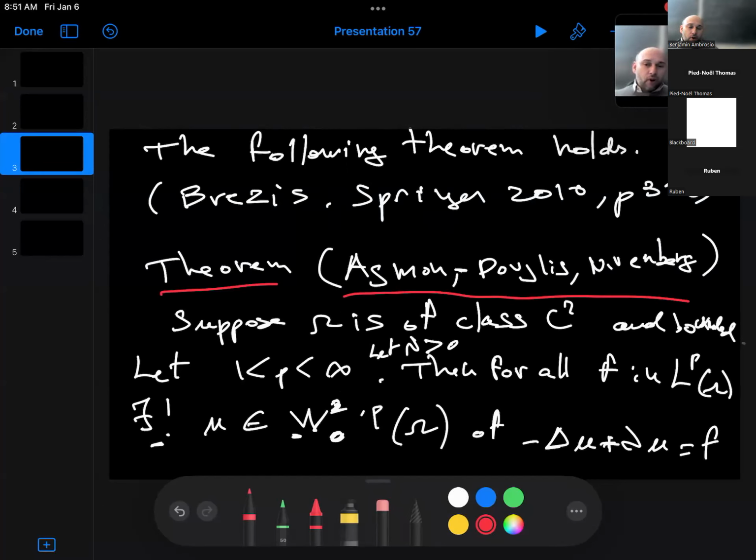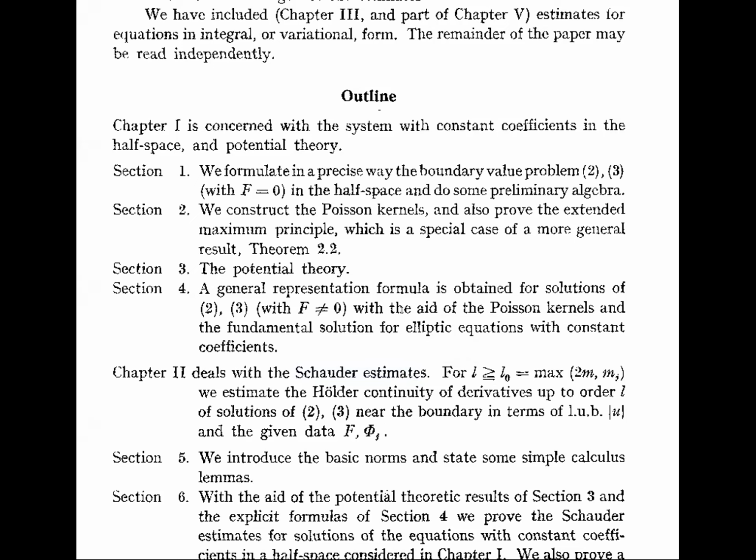So these are preliminary remarks, and then this is the outline of their paper. Here you can see appear Poisson kernels, potential theory, general representation formula. Then Hölder estimates. We are not considering that, but I will give you references.